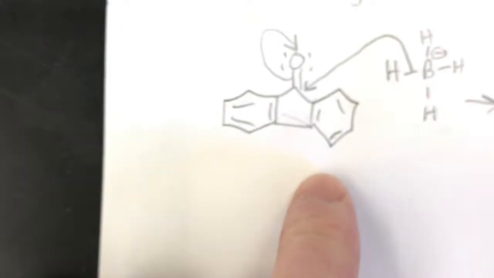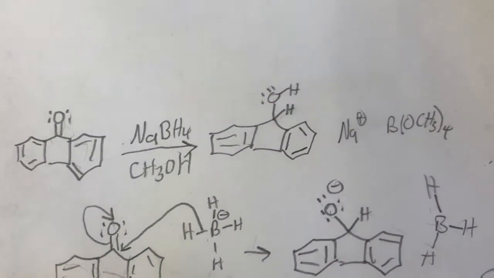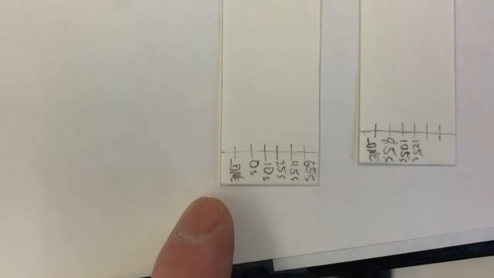So I've already written on the silica side lightly with pencil, and I've put my initials up top and the date, and now down below I'm going to have at that first position the fluorenone, this as my initial starting material. I don't have any fluorenol. If you remember last time I couldn't find it, but that's okay, we're going to make fluorenol now. So I have the fluorenone, and then I'm going to spot the reaction at 0 seconds.